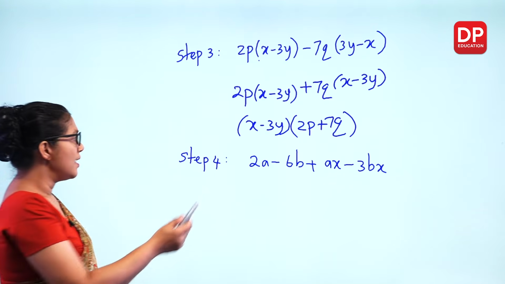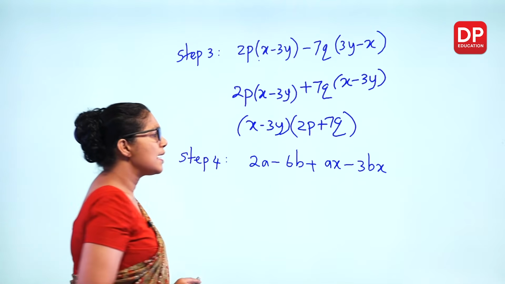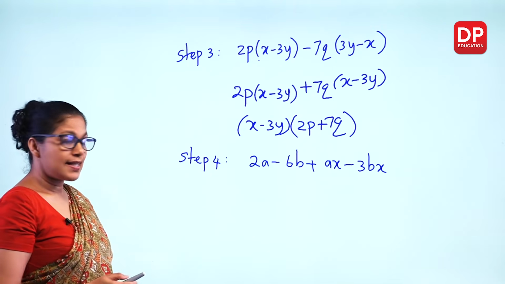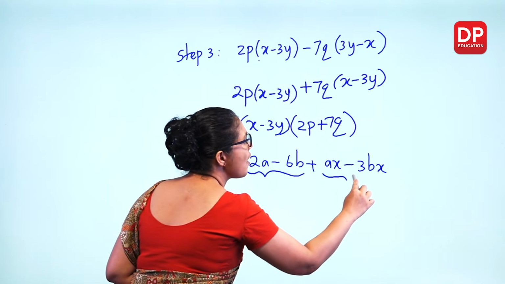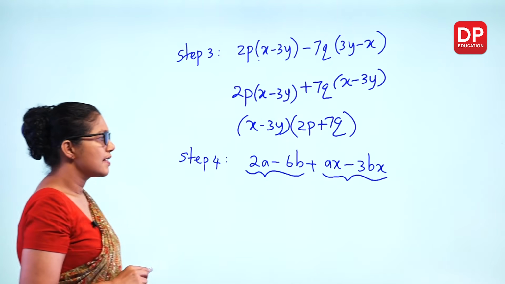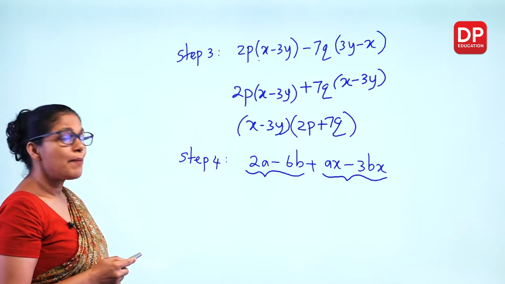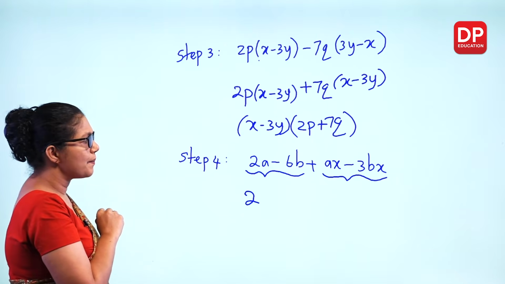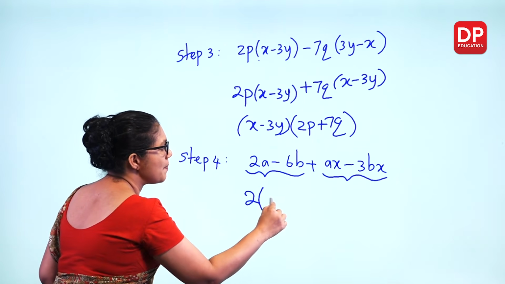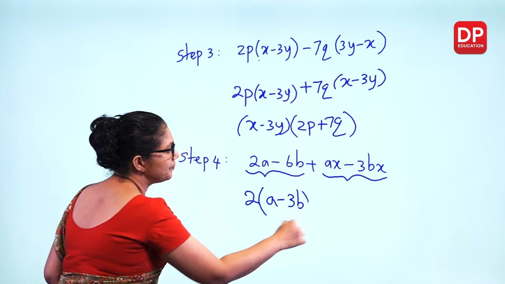Now here in step 4, you have been given 4 terms. First thing, we can take 2 at a time and try to factorize. So what are the common terms to 2a and minus 6b? I can see 2 is common. Take it out. What's remaining? A minus 3b.